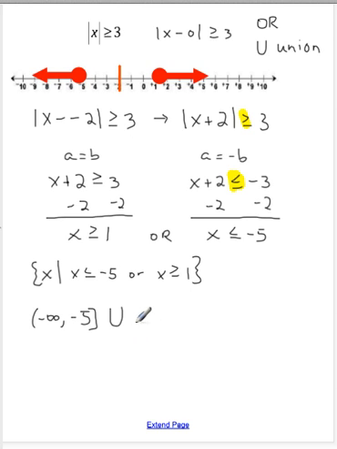Remember, in every good union, both sides go their own way, sometimes at least. And so the other one is a solid bracket at 1, and it goes all the way up to all of the numbers, non-inclusive bracket to close because it's infinity. Okay, so there we have 2 examples of how we're going to tackle these absolute value inequalities.